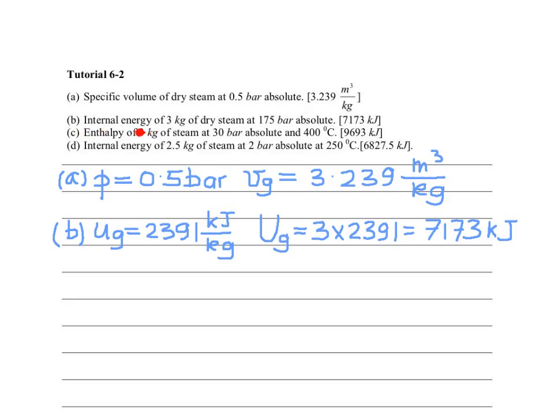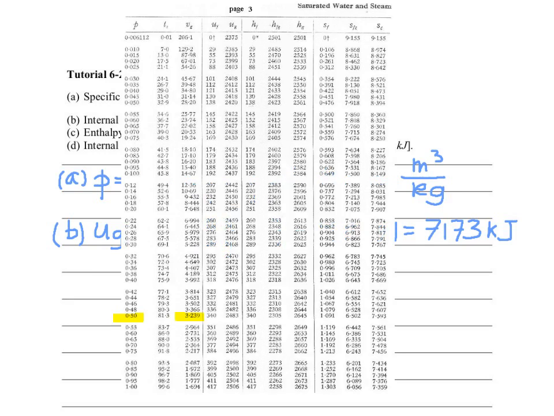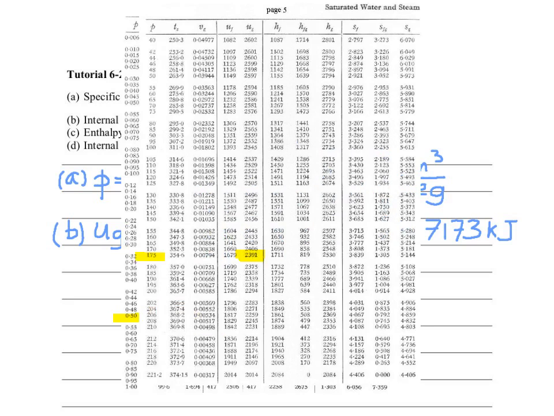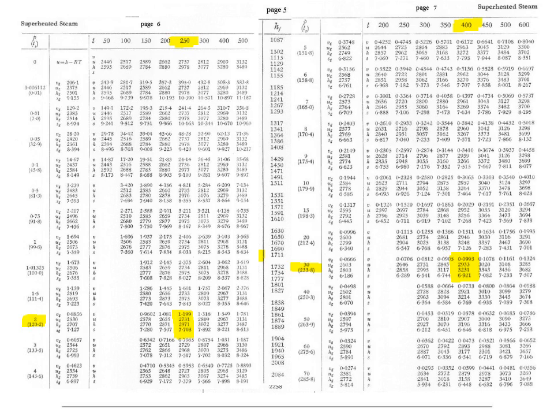Enthalpy, again 3 kilograms of steam, but this time 30 bar absolute, 400 degrees centigrade. So we have to find where we are on 30 bar and 400 degrees centigrade. So let's use the steam tables. Okay, we find that at 30 bar, superheated conditions exist. Okay, how do I know it's superheated condition?